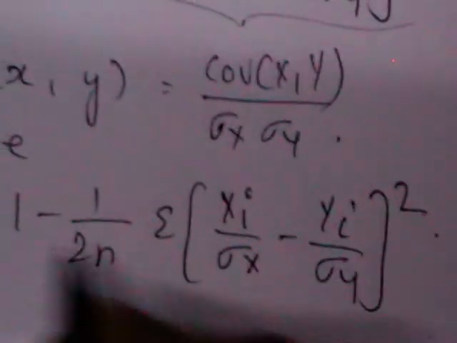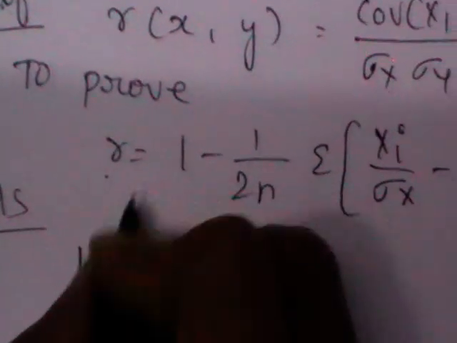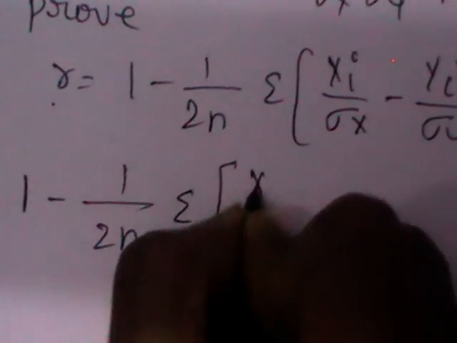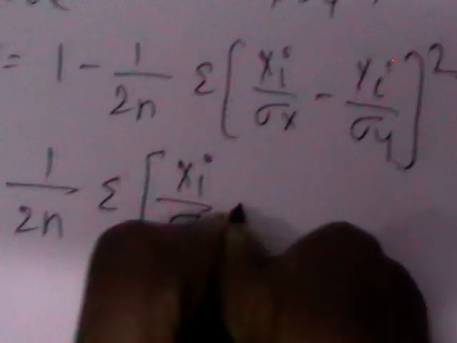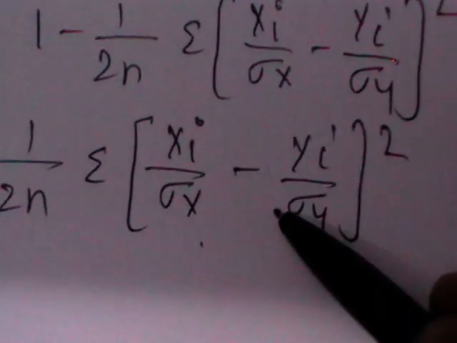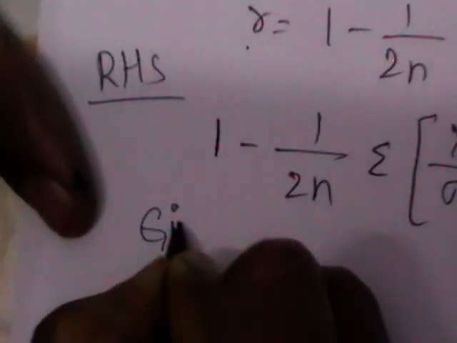To prove this, consider the RHS instead of the LHS, as it will be easy to get the corresponding LHS. These are capital letters. Try to substitute these capital letters with the given transformation. What is given there?